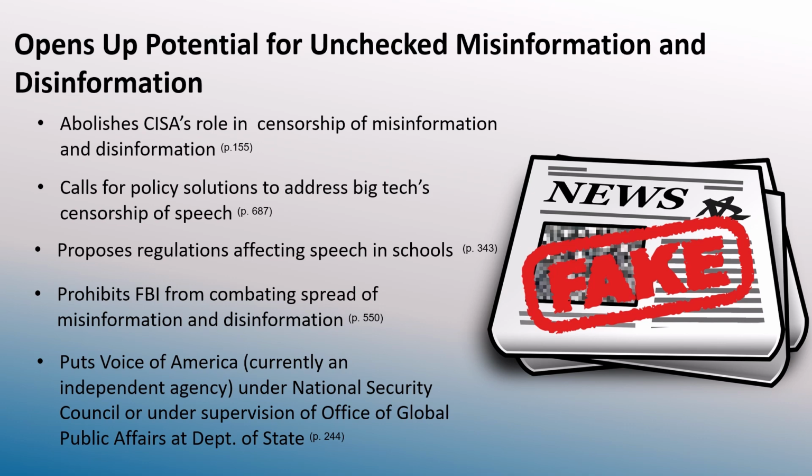Project 2025 states that it wants to ensure that the Voice of America's messaging tells America's story. Removing the independence of the Voice of America allows the administration, in other words, the executive branch of the government, to have control over what is communicated as America's story. We have already seen the current administration's efforts to alter America's story, specifically when it comes to things like racial equality, slavery, and the like.